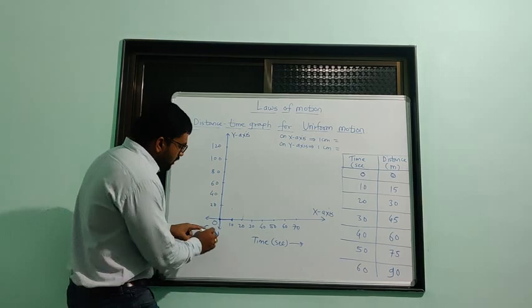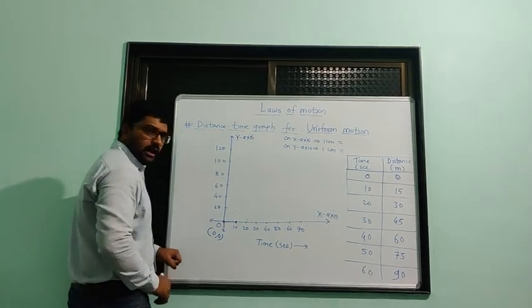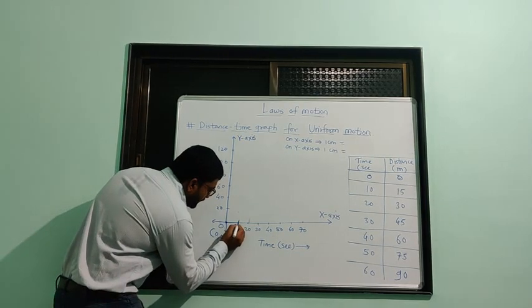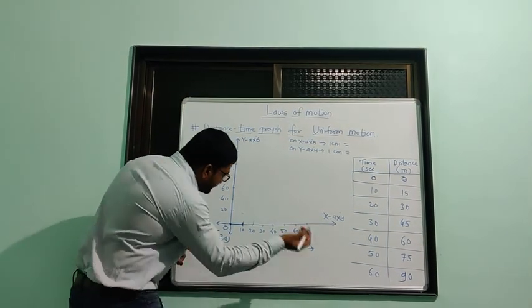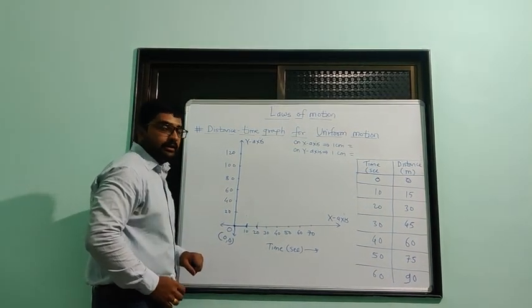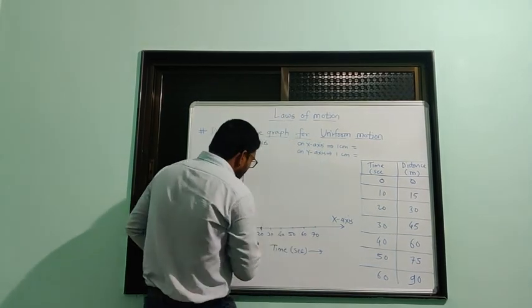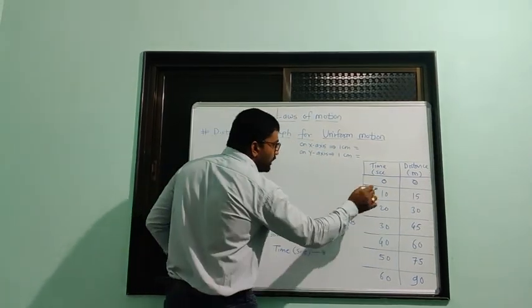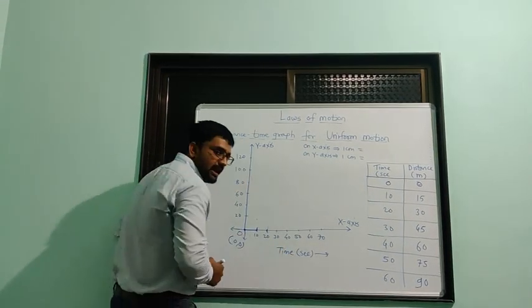Okay, now here on the x-axis, what do we consider? Time. For 1 centimeter we have to consider the first reading, 10. For the second centimeter we consider the second reading, 20. So its meaning is that for the x-axis, 1 centimeter, what we consider is the time.